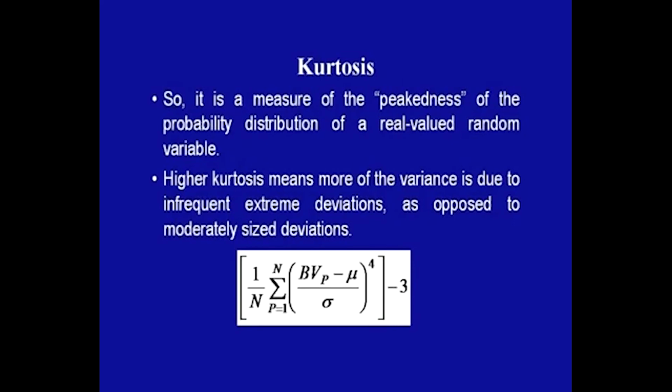Kurtosis can be expressed by the following relationship, that is, 1 divided by n, taking the summation of all the n points in the data set of the difference between the input value minus the mu divided by sigma raised to the power 4, and this expression is subtracted by a value of 3.